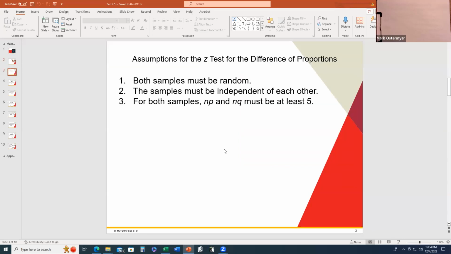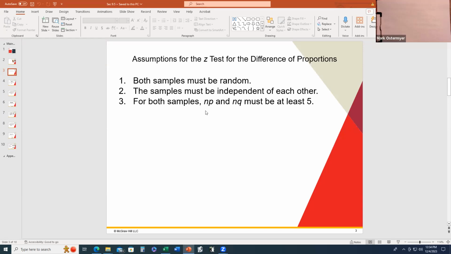And just like with any hypothesis test, there are always underlying assumptions that need to be satisfied in order for the test to be valid, and there's no exception for this test. Here are some assumptions. Both samples must be random. The samples must be independent of each other. Notice, independent samples.